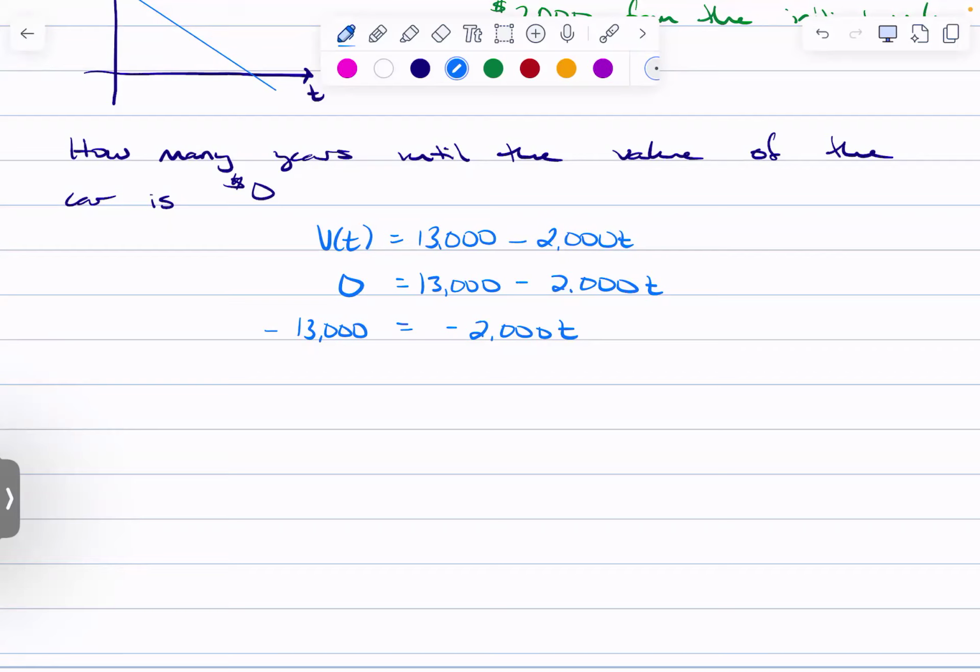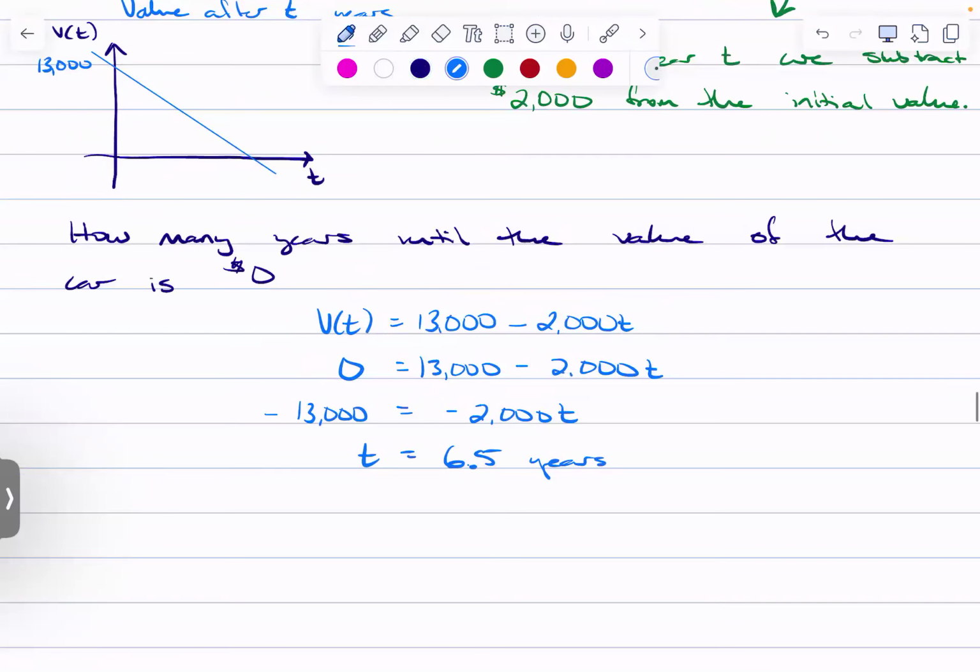I don't know, 13,000 divided by 2,000. Is it 6? I heard but now I've already started, so I can't stop. 6.5 years. So you can use linear functions like that. What does that tell us? Well, that this point here where it crosses, it goes down into a negative value, must be 6.5.